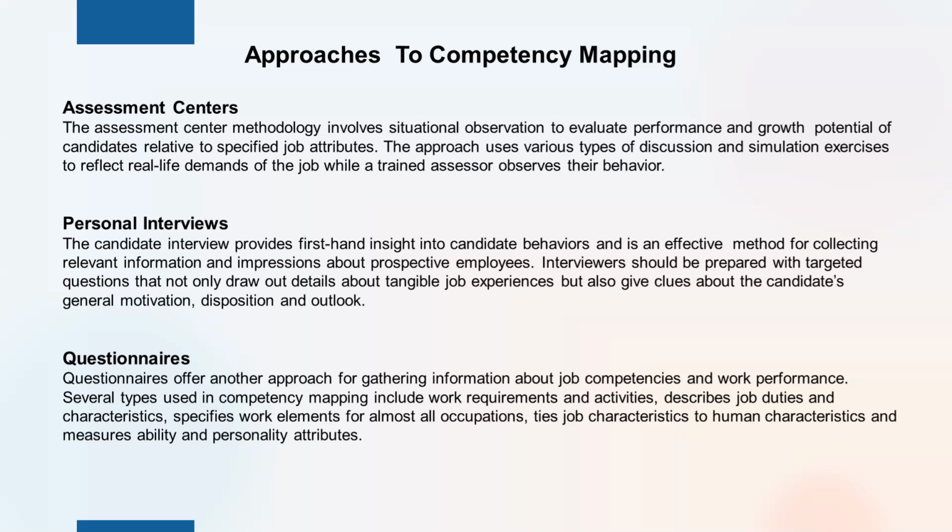This involves a team of experts who observe and evaluate the performance and growth of the potential candidate through various designed exercises and activities, as required for specific job attributes. Then they submit their observations and the employee's performance, and based on that report, actions are taken.